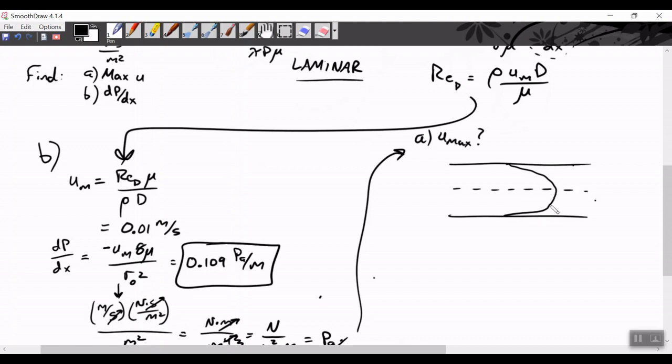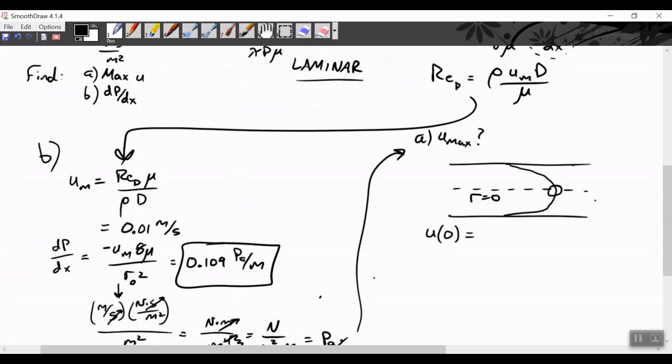The maximum then would be at the center line, or r equals 0. So if we plug in r equals 0 to our velocity equation, we will find what the max velocity is.